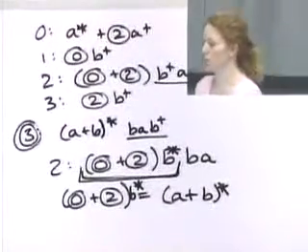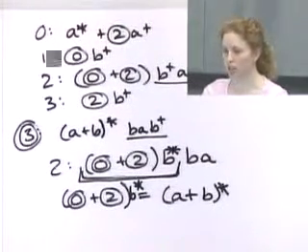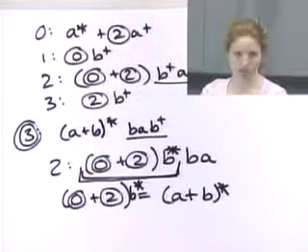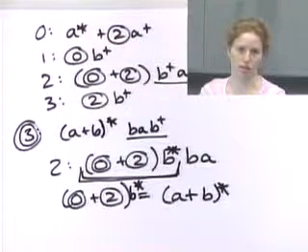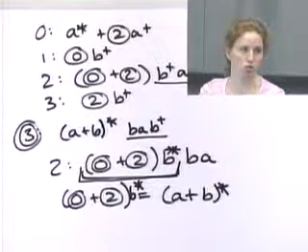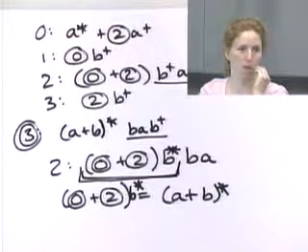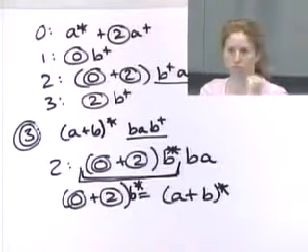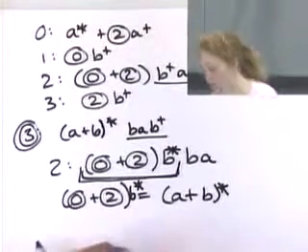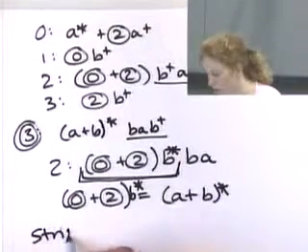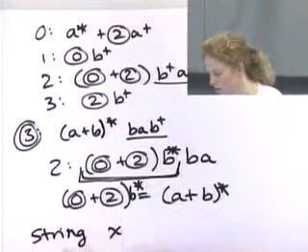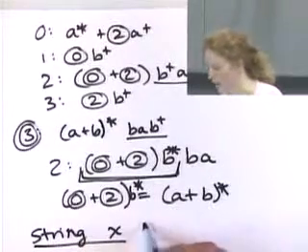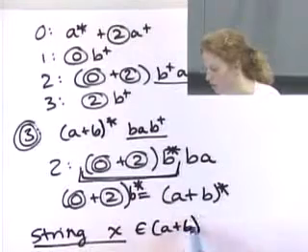So what we could do is suppose that we have any string that's in A plus B star and show that it's accepted by 0 plus either 0 or 2 state. Okay, so let's suppose we have a string x, and x is in A plus B star.